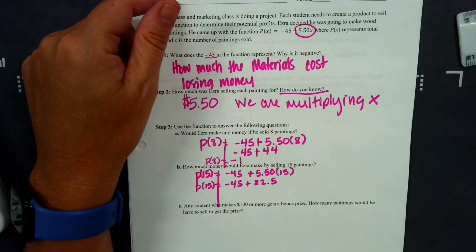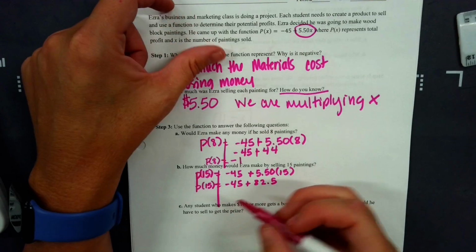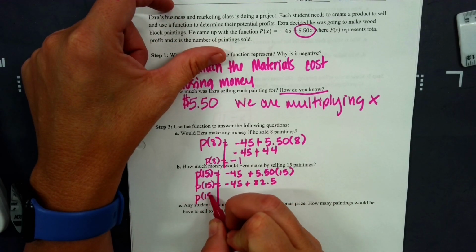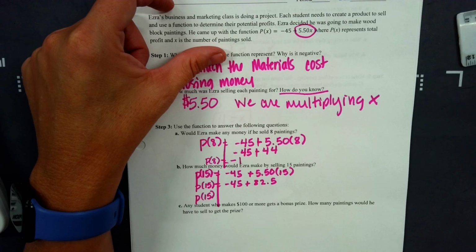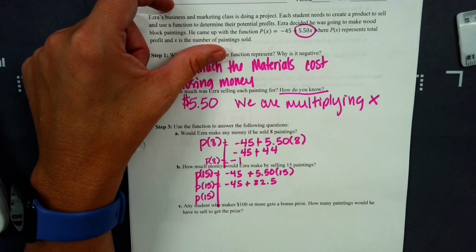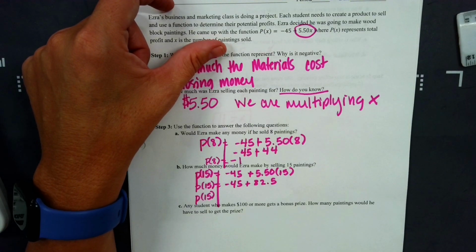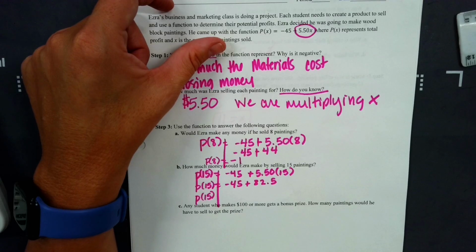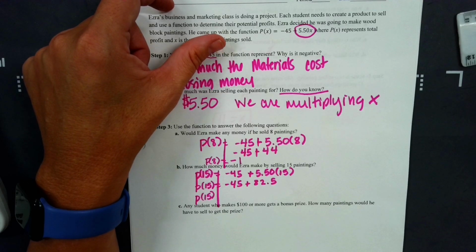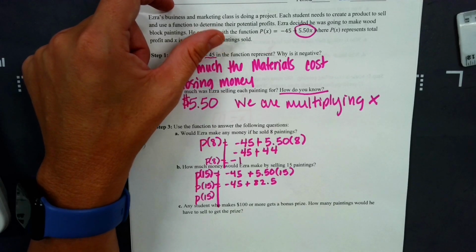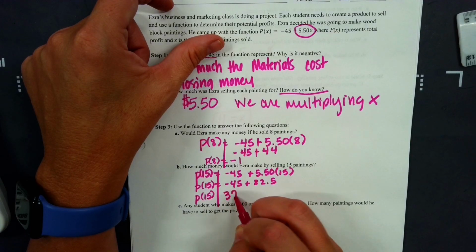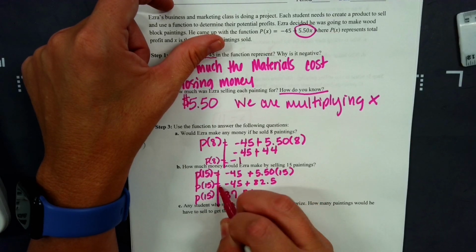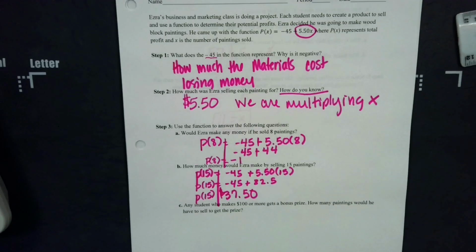And then if I add a negative 45 to that, I would make $37.50. He'd make $37.50.